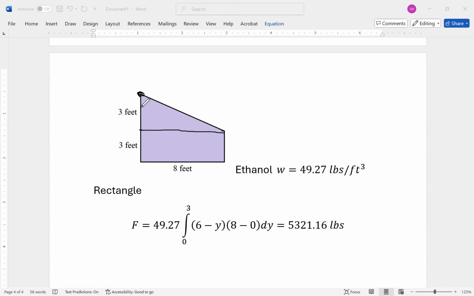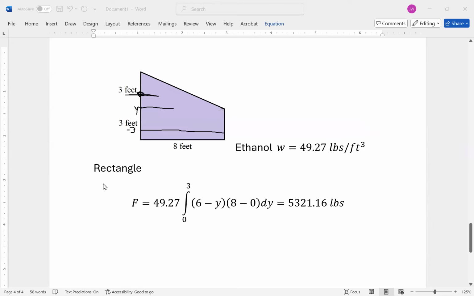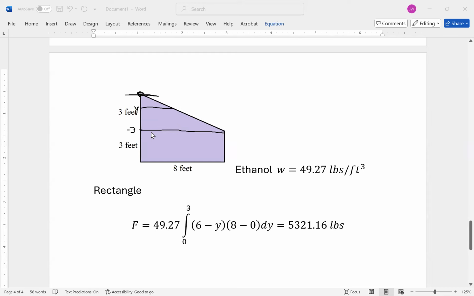And then my integration is going to go from -3 up to 0. And my depth is going to be at 0. Notice the top here of the ethanol line, the full ethanol, is going to be at 0 down to arbitrary y value. So down to arbitrary y value, that's my depth. So that's what's going to happen with the triangle. I'll have to, oh, that's going to move with me. So I'll have to adjust that.